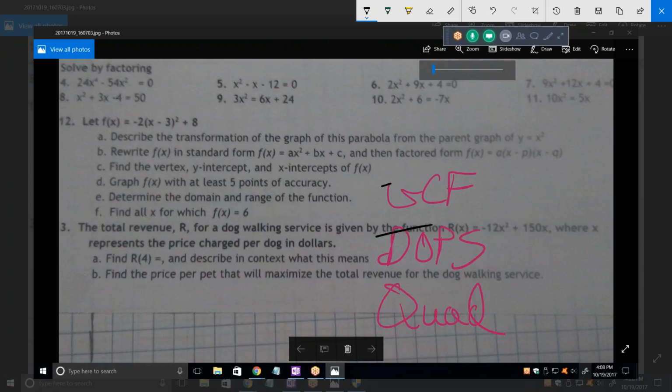In other words, I've got to get 0 on the right side, just like number 7 had 0 on the right side. Once you get 0 on the right side, then you can factor it. I get 0 by subtracting 50 from both sides. So I end up with x squared plus 3x minus 54 equals 0.